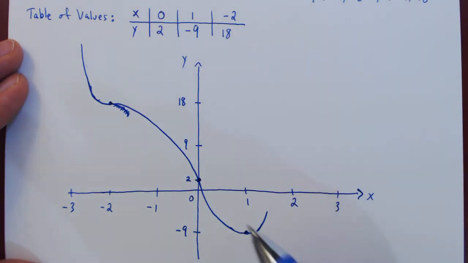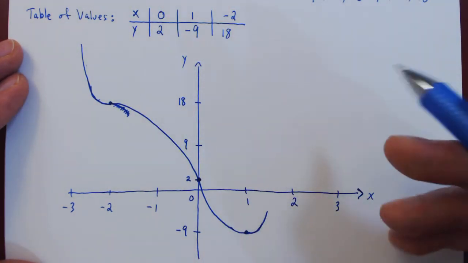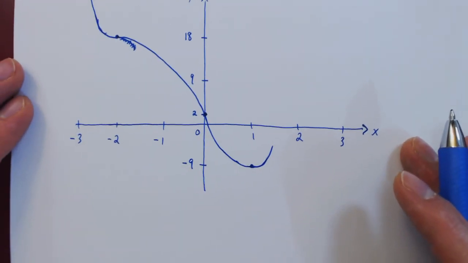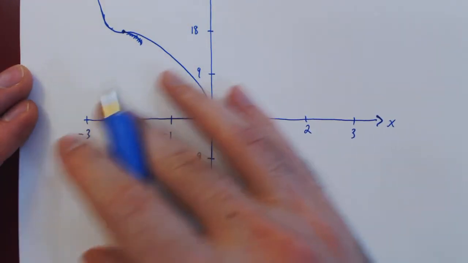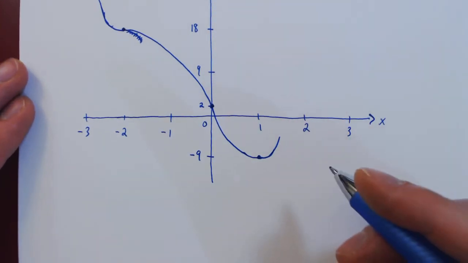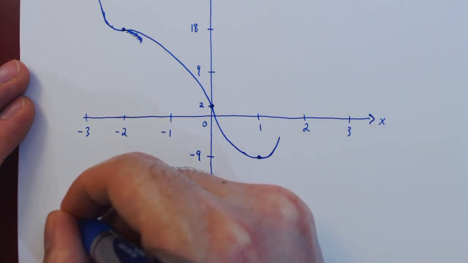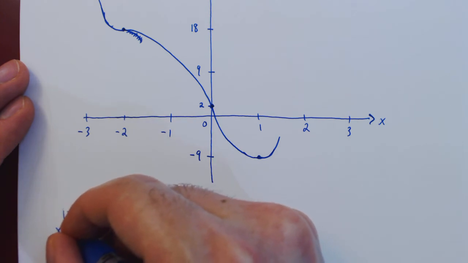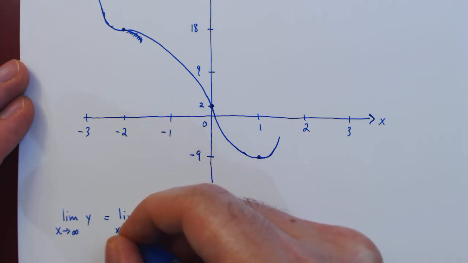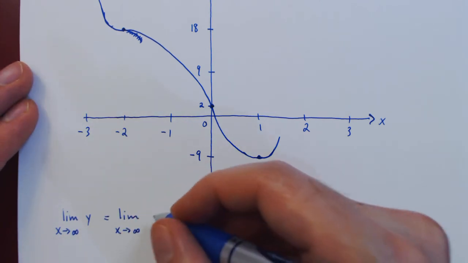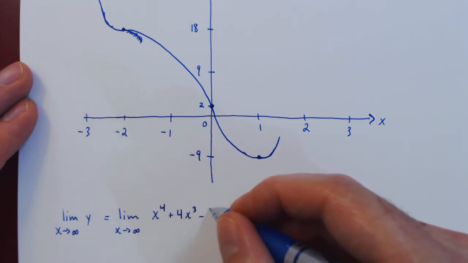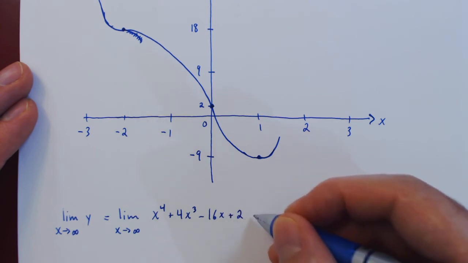And again, the only question that remains: are there possible horizontal asymptotes on the right and on the left of the function? So let's look at both corresponding limits. Limit of y as x tends to positive infinity. The function, if you recall, was x^4 plus 4x^3 minus 16x plus 2.